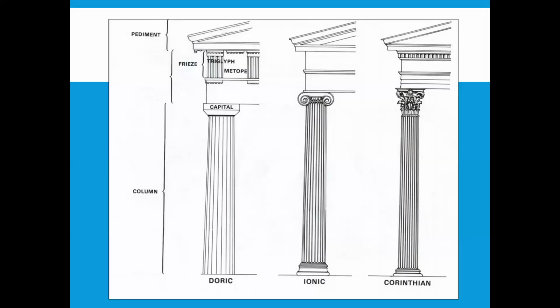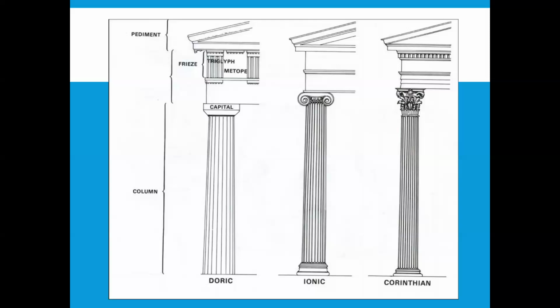Now, the Doric order has the frieze that has the triglyphs and metopes. It also has the capital at the top that kind of looks like a squished pancake, if you will. And notice the fluting of the column. The fluting is the lines in the columns. They're kind of scooped out almost if you saw them in person in three dimensions.